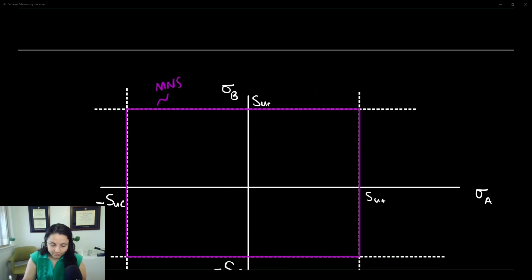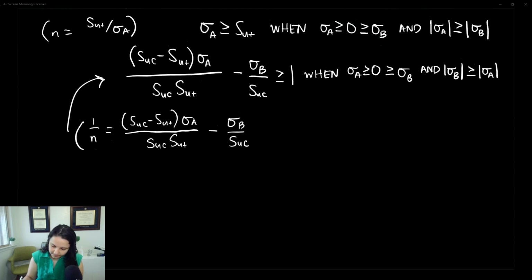And for Brittle Coulomb-Mohr, we know that we predict failure only if sigma A is greater than SUT. So if we're on the other side of that green line, we predict failure. So same as the maximum normal stress theory so far.